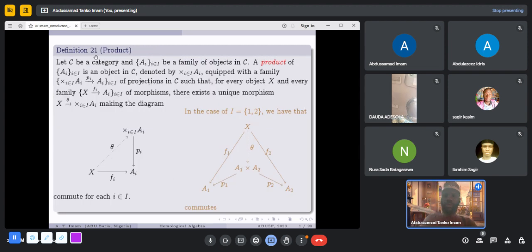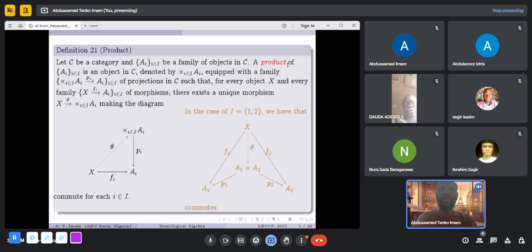Okay, now the next concept that we are going to talk about is the concept of products. By duality, we will have coproducts and so on. So let C be a category, and let A_i be a family of objects in the category.